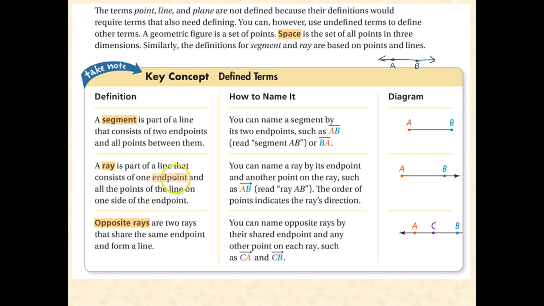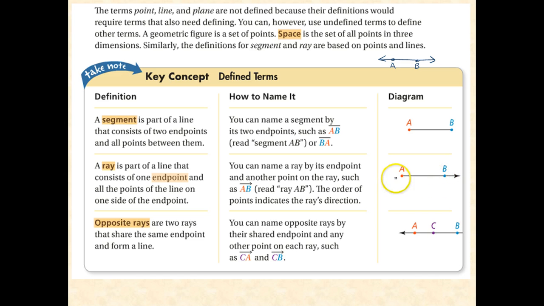A ray is a part of a line that consists of 1 endpoint and all the points of the line on one side of that endpoint. So if I pick the point A, I can say I'm going to go in this direction, and that's ray AB. You always start with the endpoint, and then you say the point that it's going through.